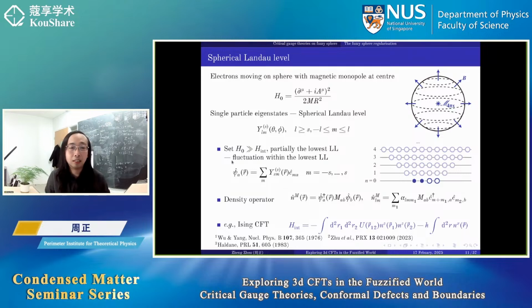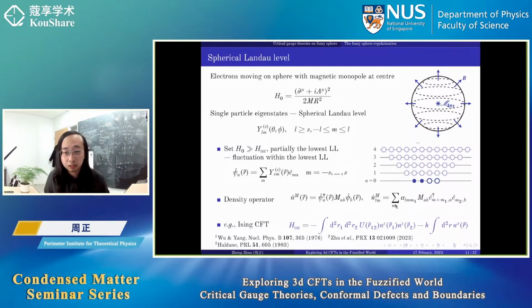Now we have the single particle states, and we need to construct the interacting Hamiltonian. The building block we use is the local fermion bilinear, or what we call the density operator, with a matrix insertion to put it in some representation of the global symmetry.